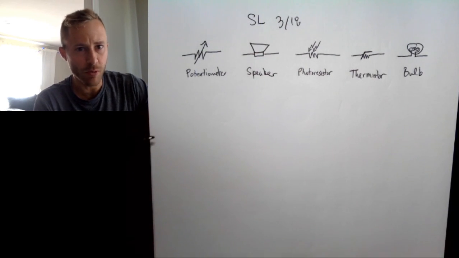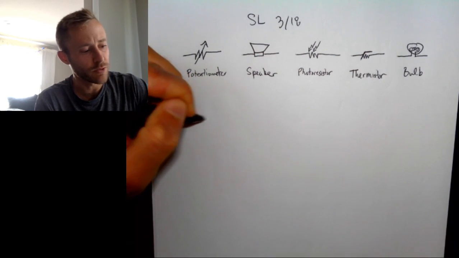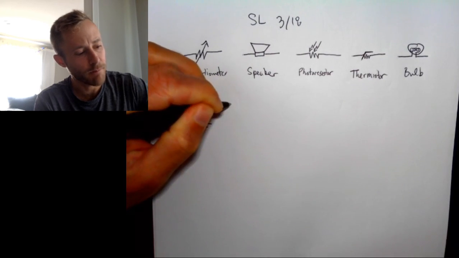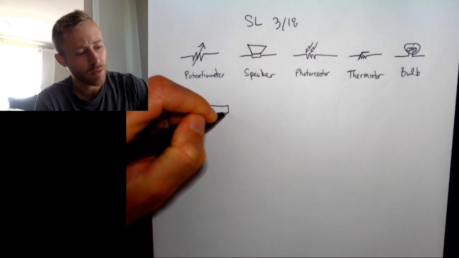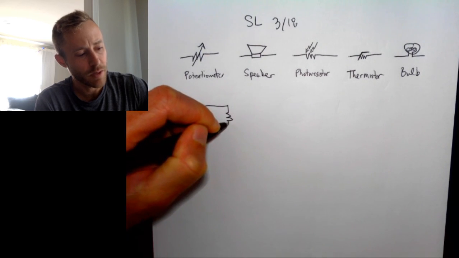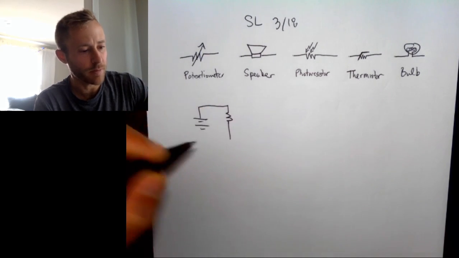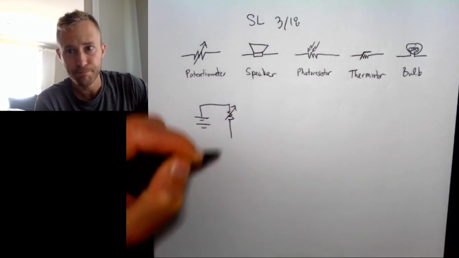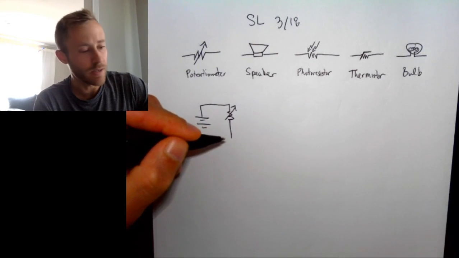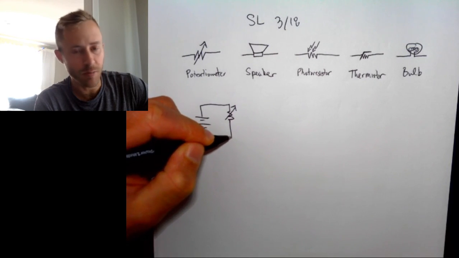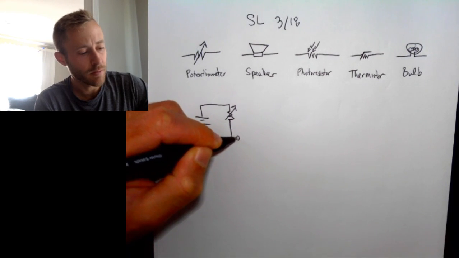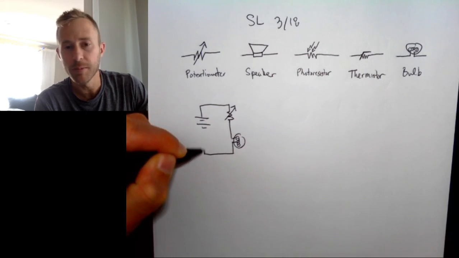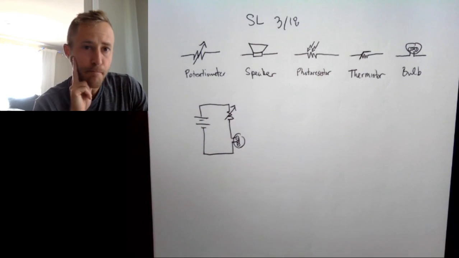So let me give you a cool circuit that uses some of this stuff. What if I had a circuit that's a voltage divider, and it has a potentiometer and then a bulb.